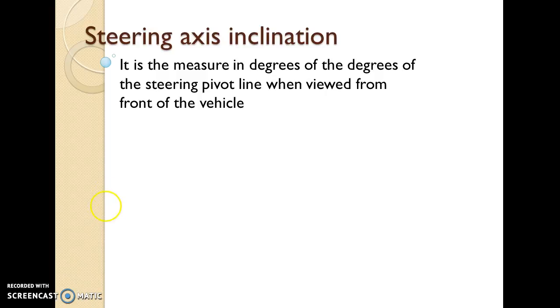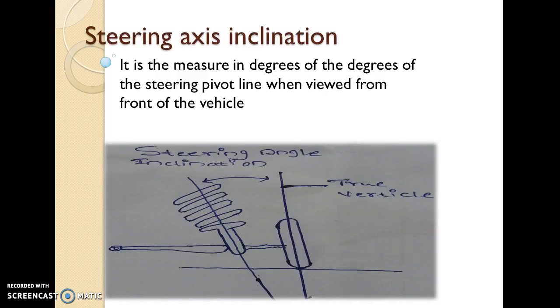As stated here, it is the measure in degrees of the steering pivot line when viewed from the front of the vehicle, and this same can be easily visualized or understood using the following figure. Like caster, it provides directional stability, and if this inclination is different from side to side, it will cause a pull at very slow speeds.